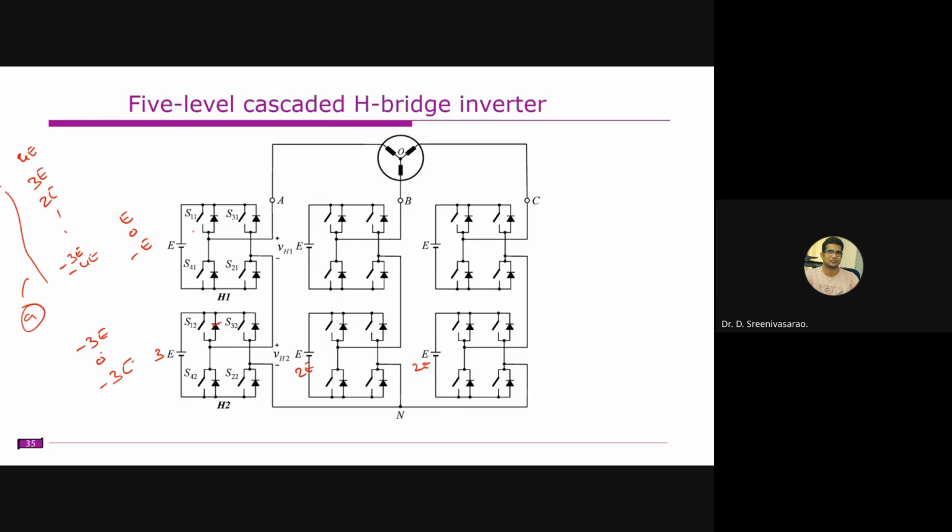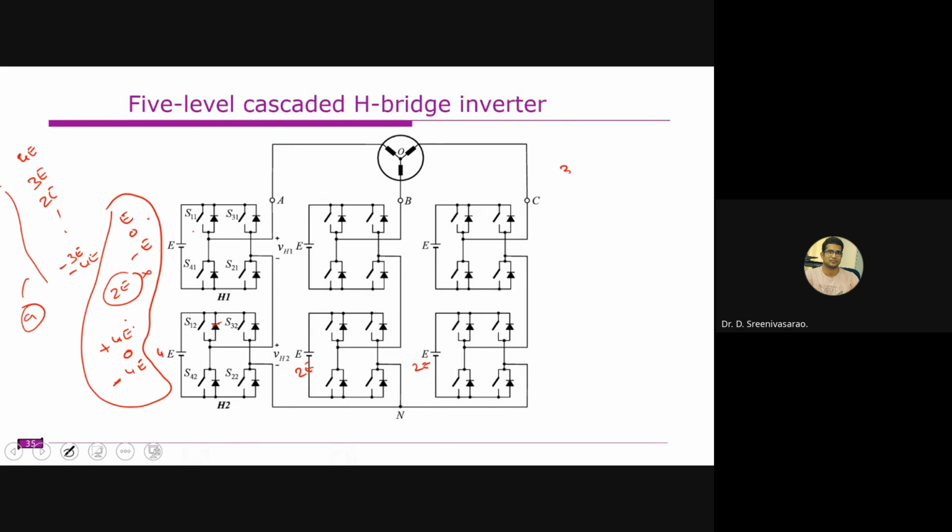Right. You cannot extend this one. For example, you could try minus 4E and plus 4E, so this is 4E, and 0, and this is minus 4E, right? So with these, 5E you can get if you add plus 4E and E, and 3E you can get with 4E minus E. But with this combination you cannot get the 2E voltage, right?